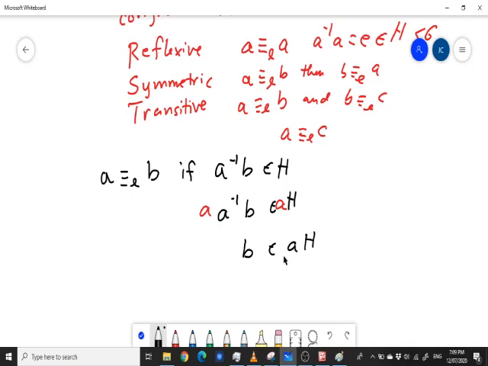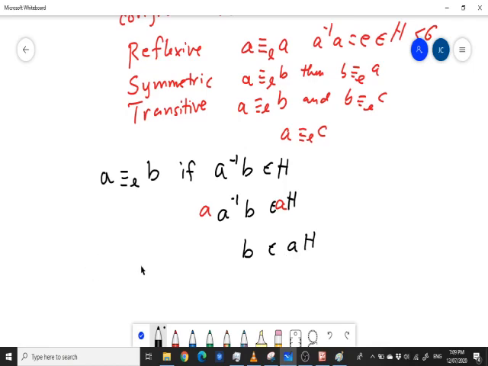Let's check. Tama. So, ito yung equivalence class.